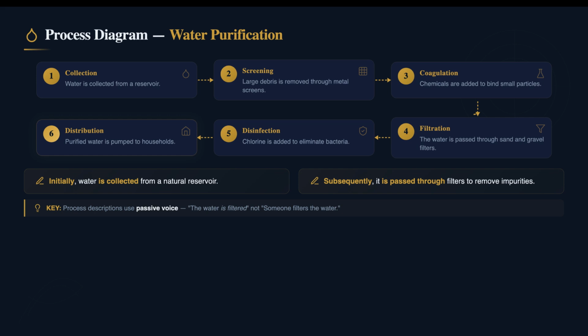Then we can also use subsequently. This subsequently is a vocabulary in group two of the vocabulary we talked about previously. It is in the continuing group. So we say subsequently, it is passed through filters to remove impurities.